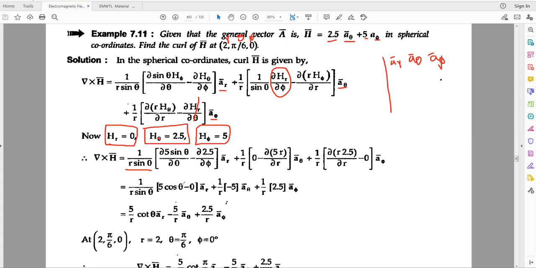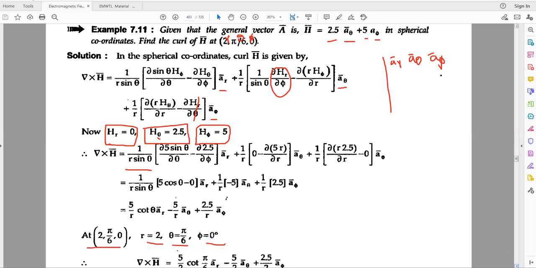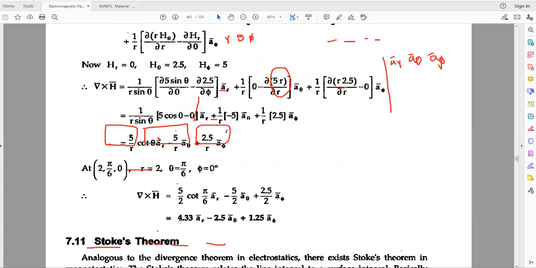Then cos theta by sine theta, 5 by r AR bar, minus 5 by r A theta bar, and 2.5 by r A phi bar. Substitute r equal to 2, theta equal to pi by 6, and phi equal to 0 degrees. The del cross H bar is equal to 4.33 AR bar minus 2.5 A theta bar plus 1.25 A phi bar.